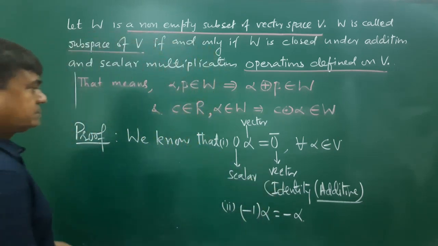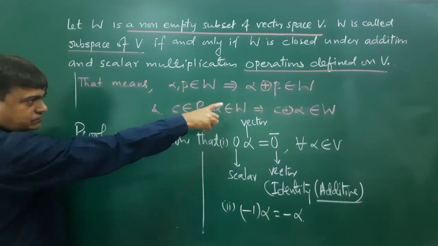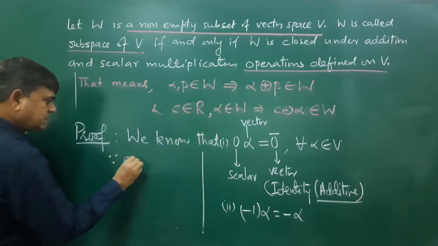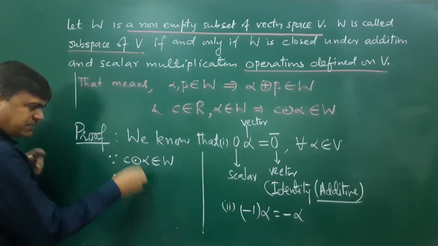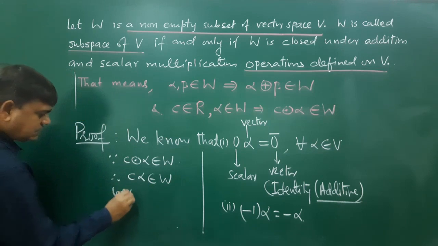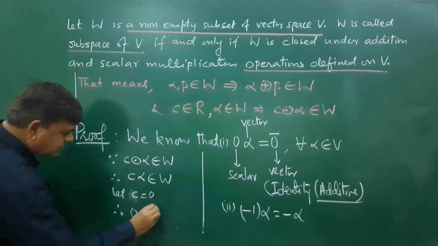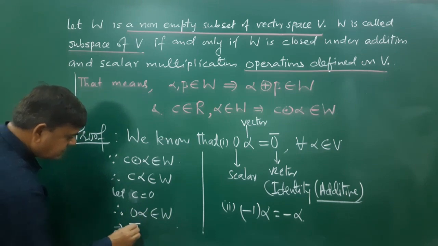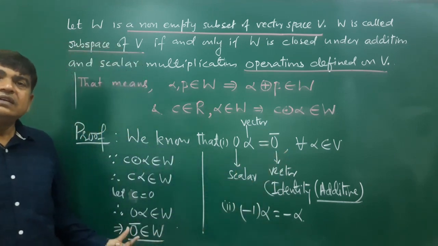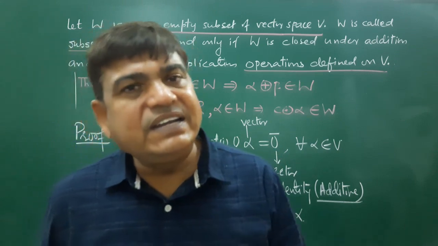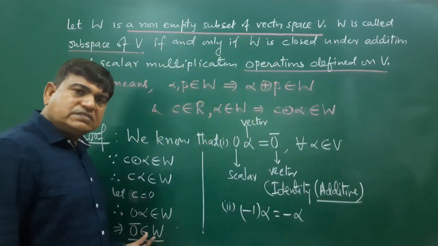Okay? So let us see. Therefore, using this, it means the additive identity, which people call the zero element or zero vector, is also in this subset.